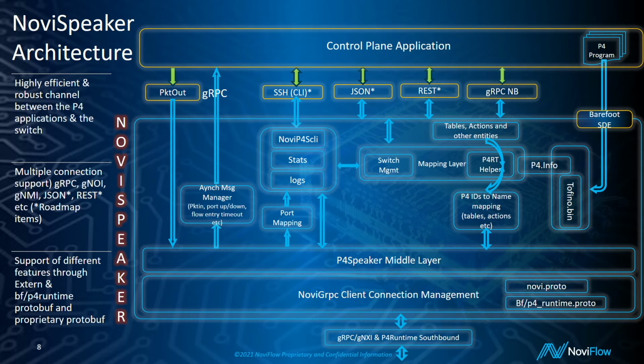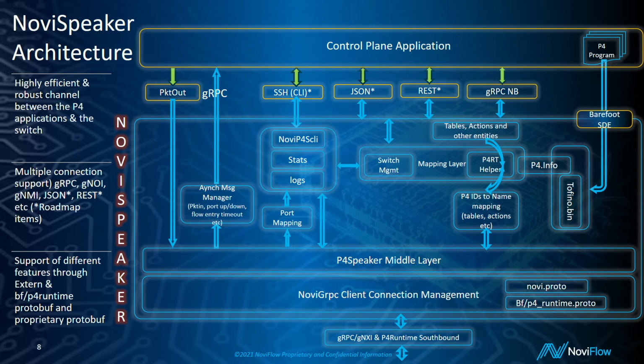Now, on top of the NoviSpeaker, the user will write a control plane application that will interact with the switch at runtime. And imagine that the application user needs to keep track of these Tofino entities in the application instead of the corresponding human readable names of those entities. Then it will be really confusing and time consuming for application developers or system admins who are debugging the pipeline and applications at runtime.